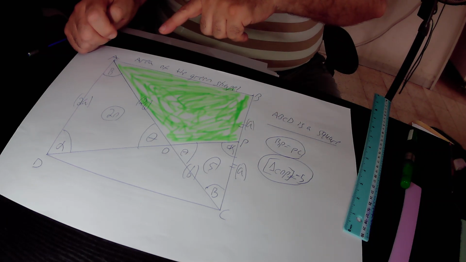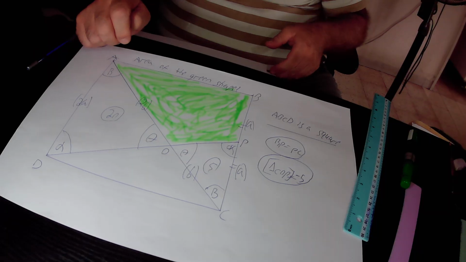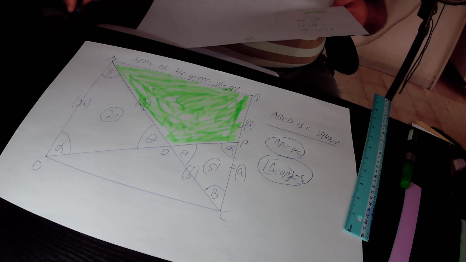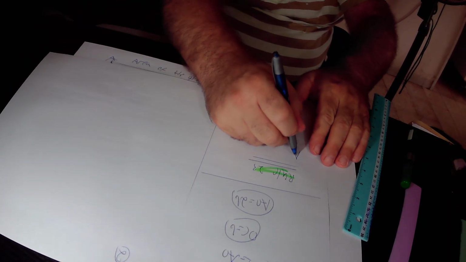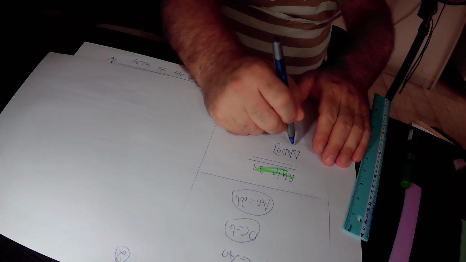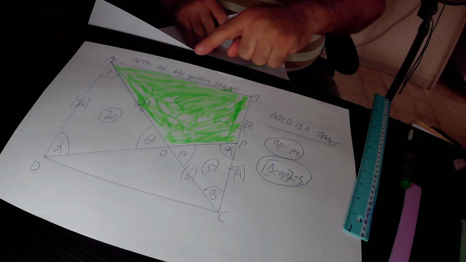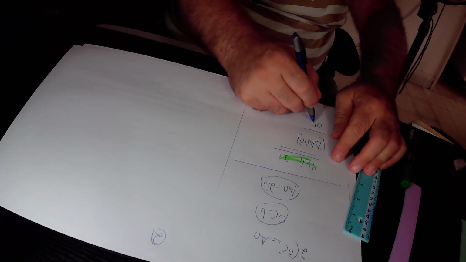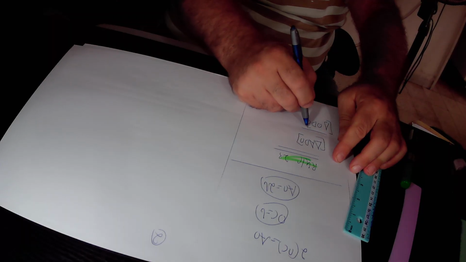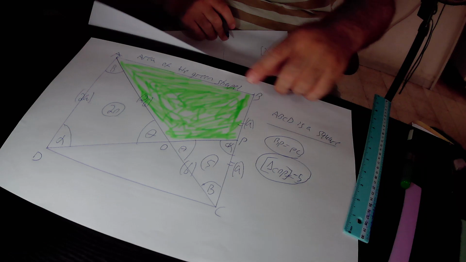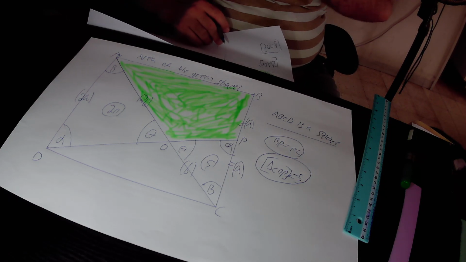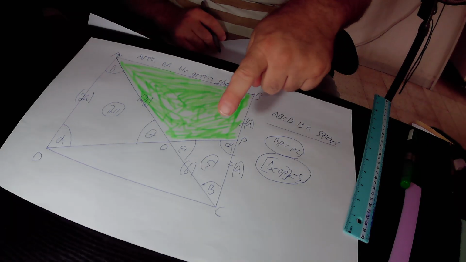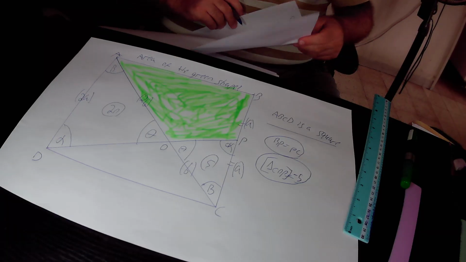So the ratio between the area of triangle ADO and the area of triangle ODC equals AO over OC.